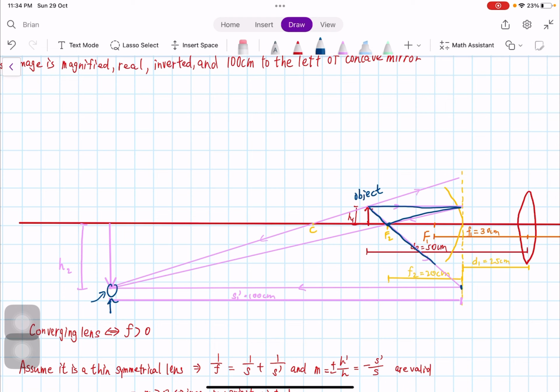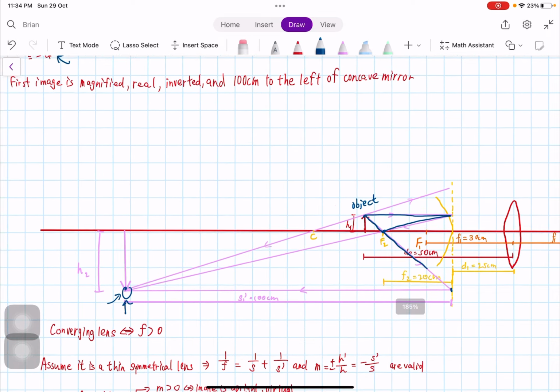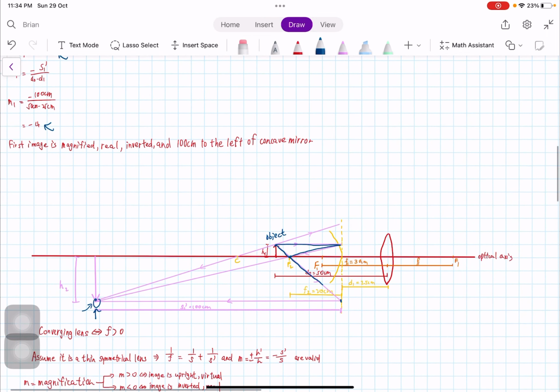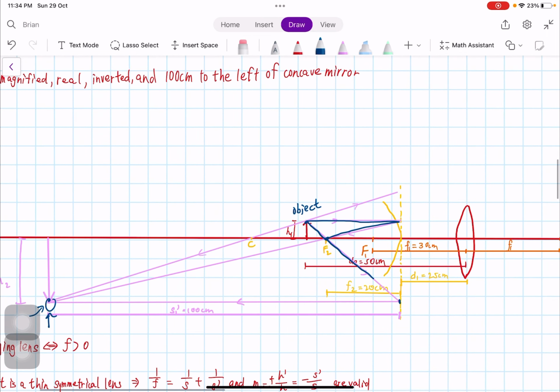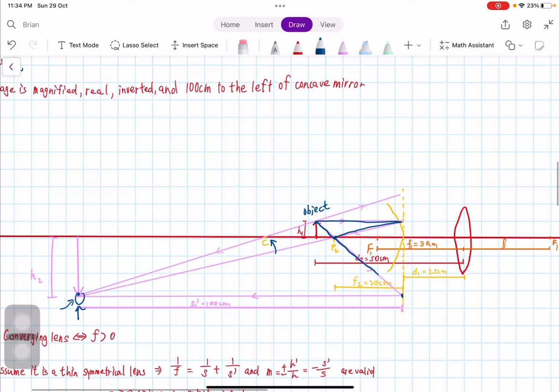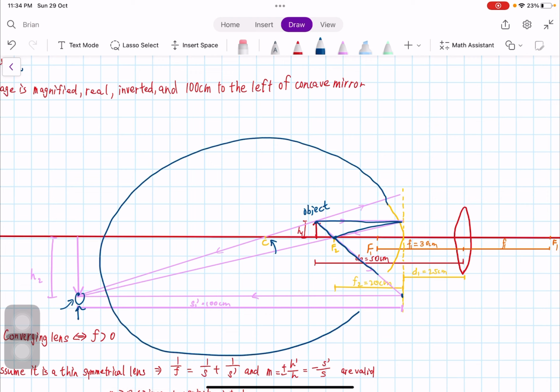With this point, we could find the center of the mirror, which I connect from both dots here and here. When it passes through the optical axis, this would be the center of the mirror. What it means is the mirror is going to be like this, and this is the center of the whole circle.